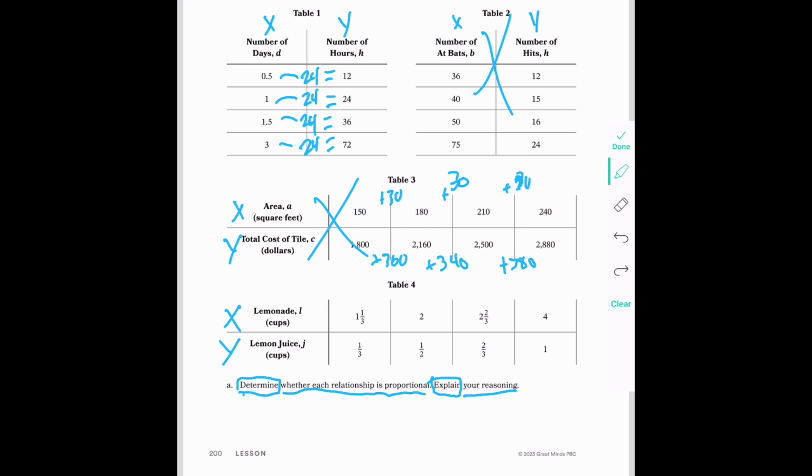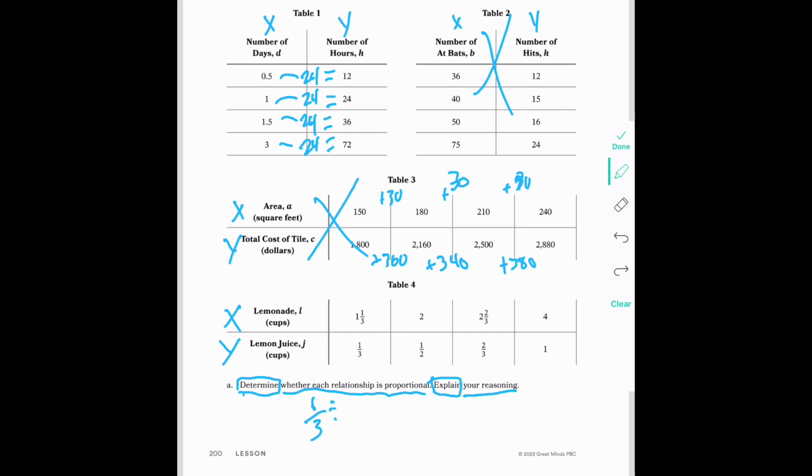So if I know I want 1 1/3 cups, that means I need 1/3 cup of lemon juice. In this situation, it probably would be a lot easier to just divide Y by X, because trying to find a consistent number between the values looks like it's going to be very tricky.